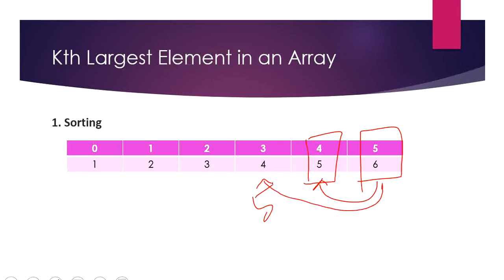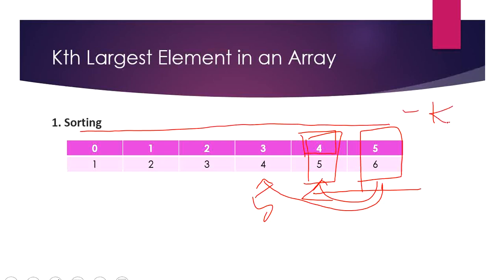So clearly, the place where the kth largest element sits is k elements iterated from the reverse order of the array. That is at the position nums.length, that is the array length, minus k.